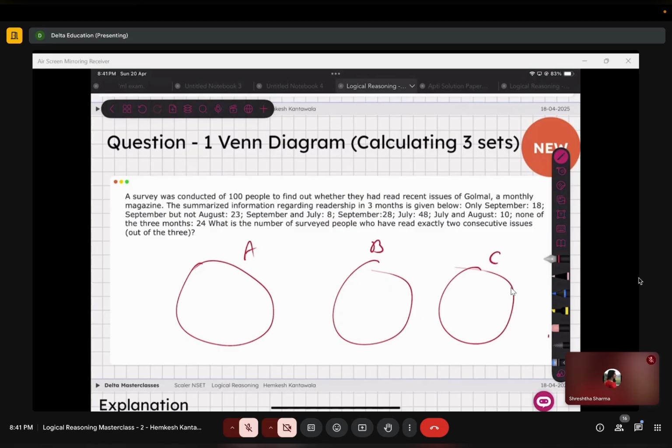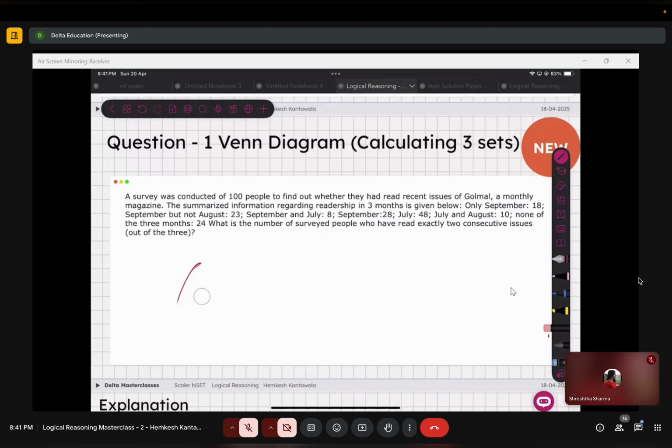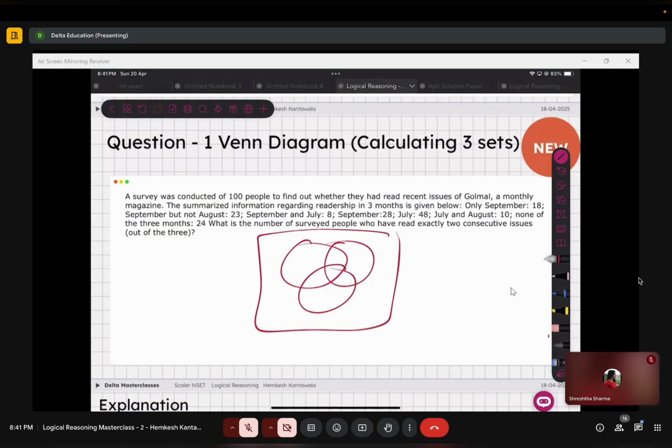So what was your first step? What did you do? I drew the diagram with 3 intersecting circles. So where all 3 intersect, I gave a name. Okay. So you gave this as A, this as B, and this as C. Yes. And D, E, F, and G, I gave all this.